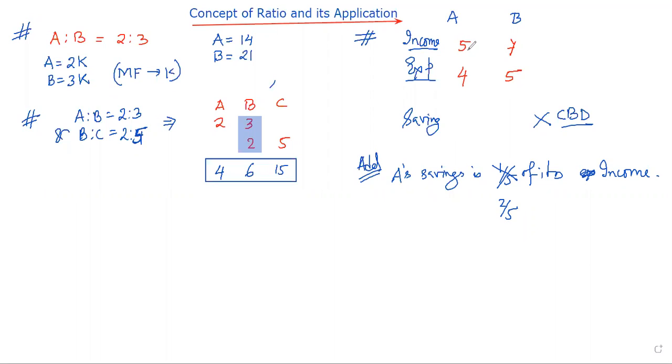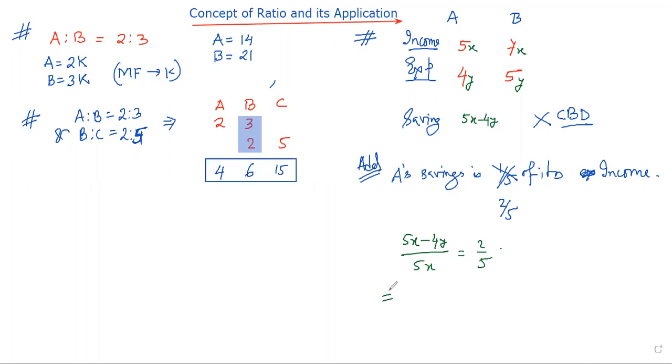So I will take x as the multiplying factor for the income part, both of them x, and for both expenditures some other multiplying factor y. Then savings should be 5x minus 4y. Now, as per the data 2/5, I can write (5x minus 4y) by 5x. It is given as 2 by 5.